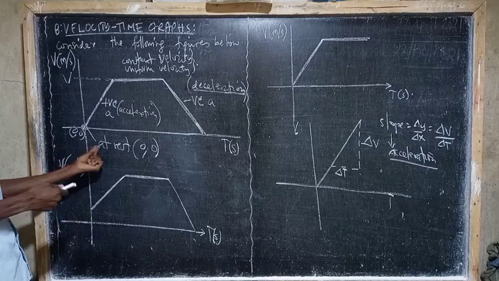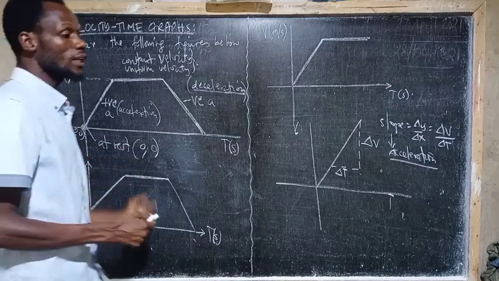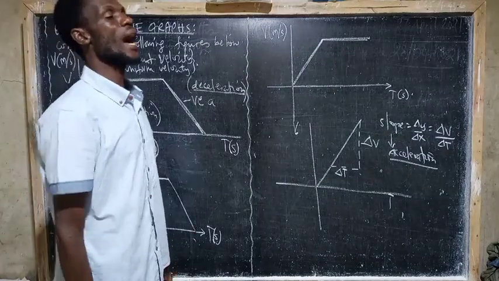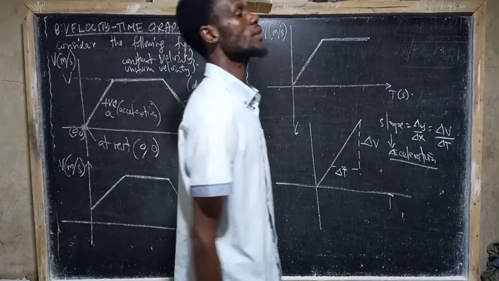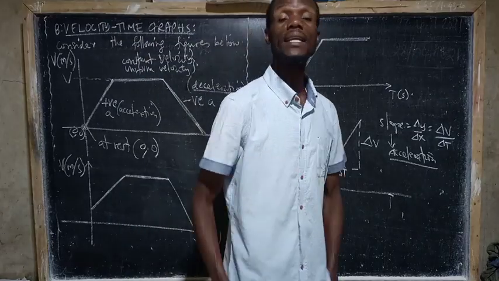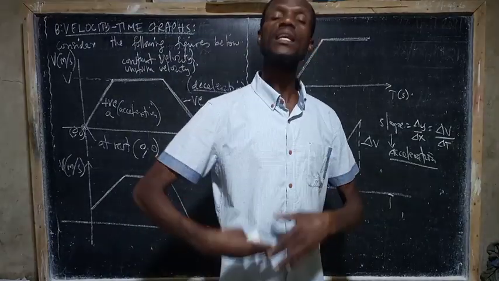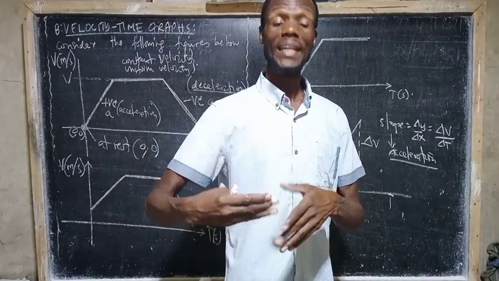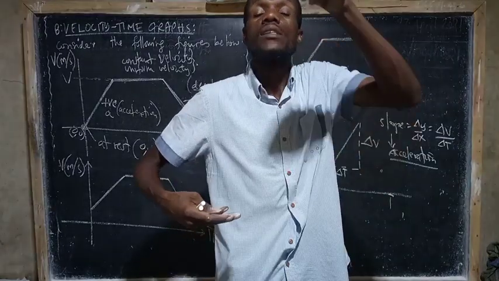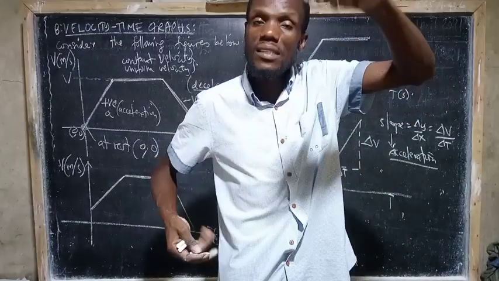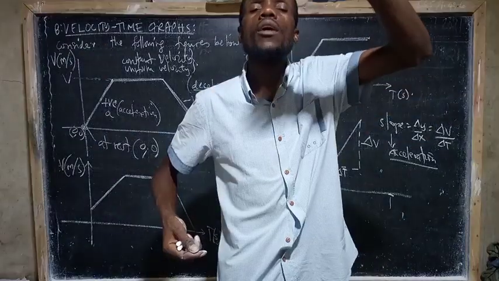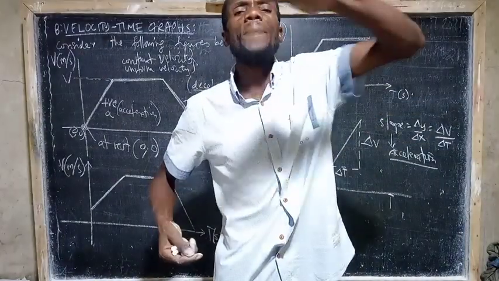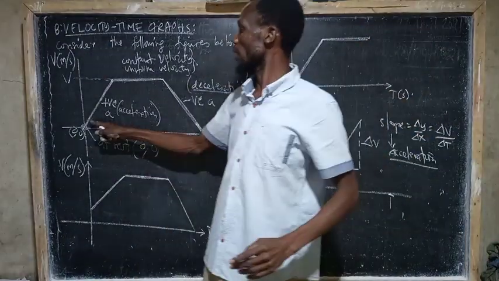Manake hiki kitu kilianzia kwenye 0 kikiwa kimesimama, ndo kikaanza kutembea kwenda. Manake it was moving with a certain velocity. Ilianzia kwenye 0, ikasonga mpaka velocity fulani ambayo inaonekana hapa.